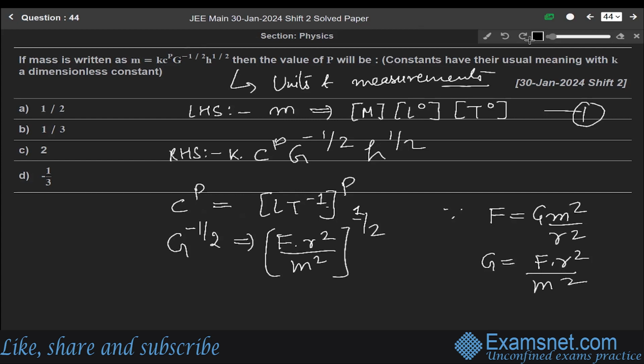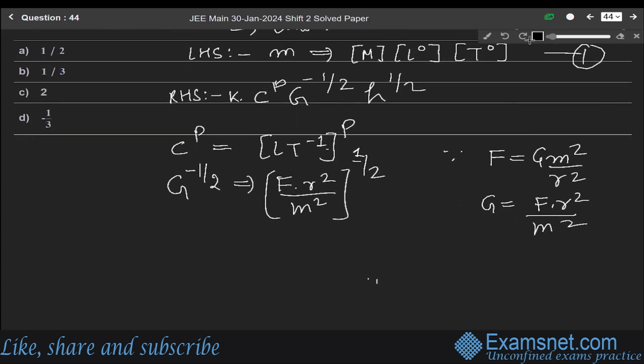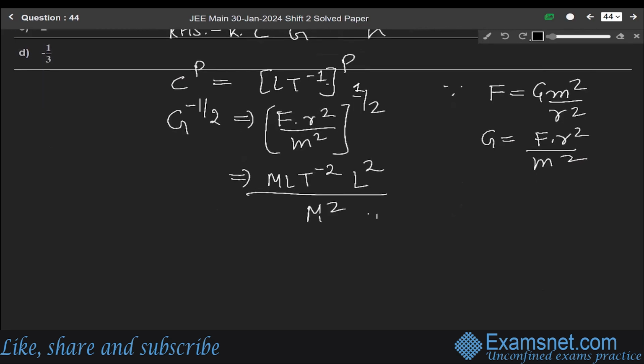Now dimension of force: M L T minus 2. R is radius, so R squared is L squared, over M squared. So it will become M minus 1 L cubed T minus 2 whole power minus 1 by 2. Let us say this is 1, this is 2.